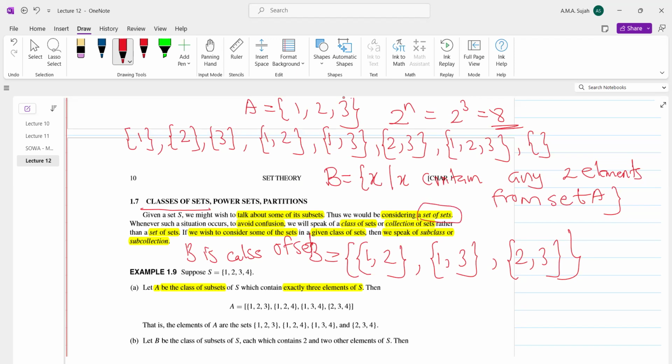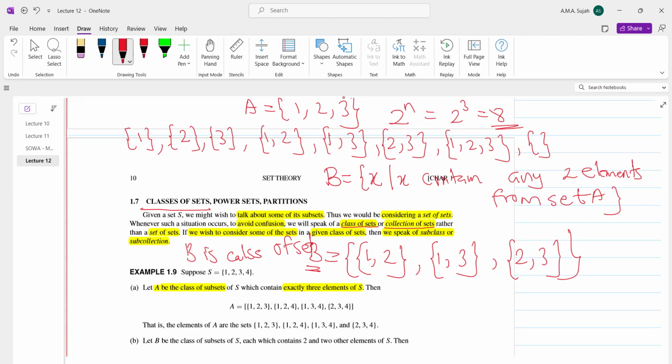We are creating a set B by using the elements of set A. To overcome the confusion, we can say class of sets or collection of sets. These are the two names, class of sets or collection of sets.